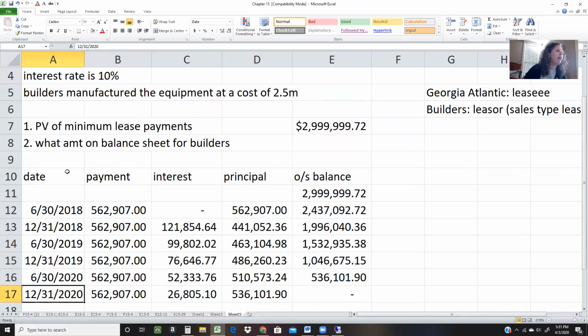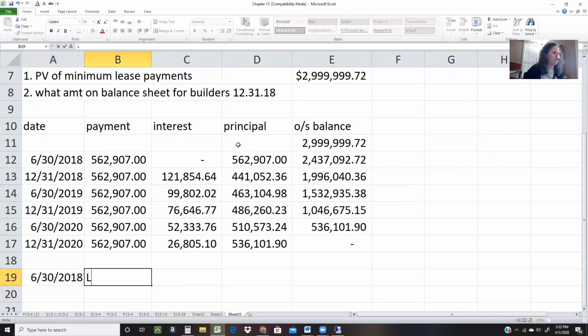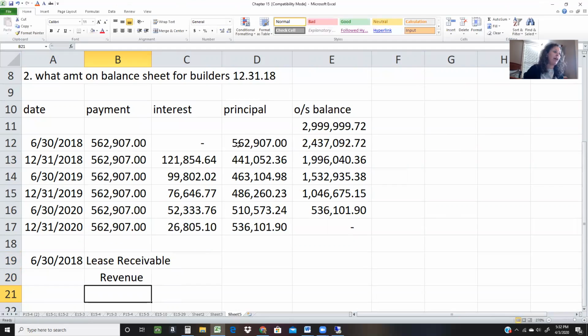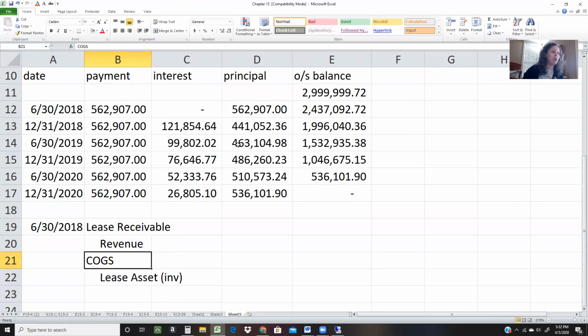So we want to know what amount is on the balance sheet for Builders, okay? And so as of 12/31/18. If we were to look at the journal entries for Builders, they would do a journal entry on 6/30/18 to show that they sold the asset. So they would do lease receivable, revenue, and then they would do cost of goods sold, and the leased asset, which is inventory, would leave the building.